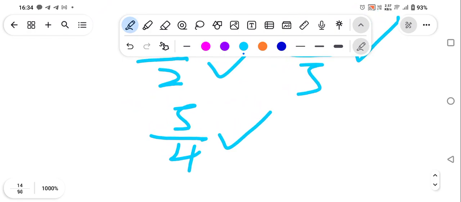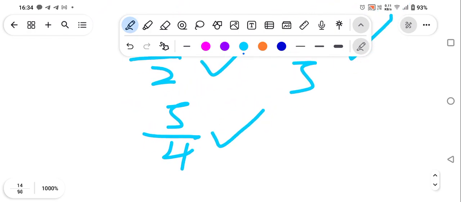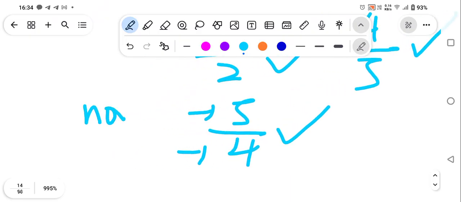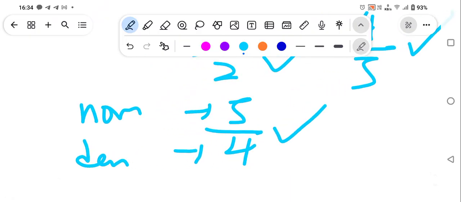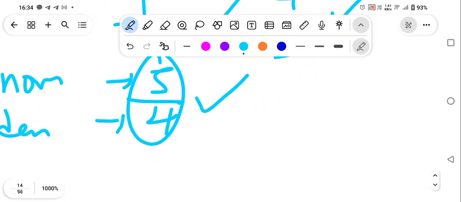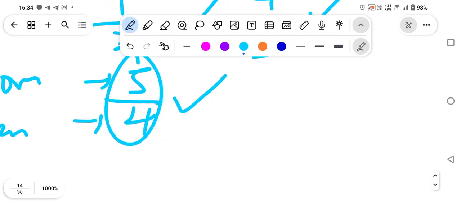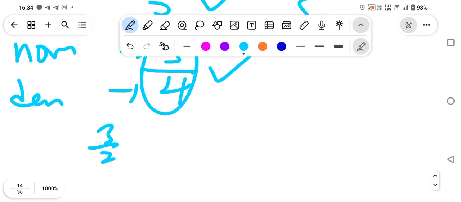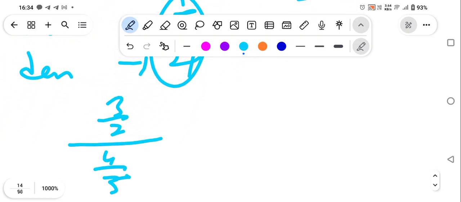A fraction is represented if the top and the bottom, which we call the numerator and denominator, are integers, and it's not something like 3 over 2 divided by 4 over 3.